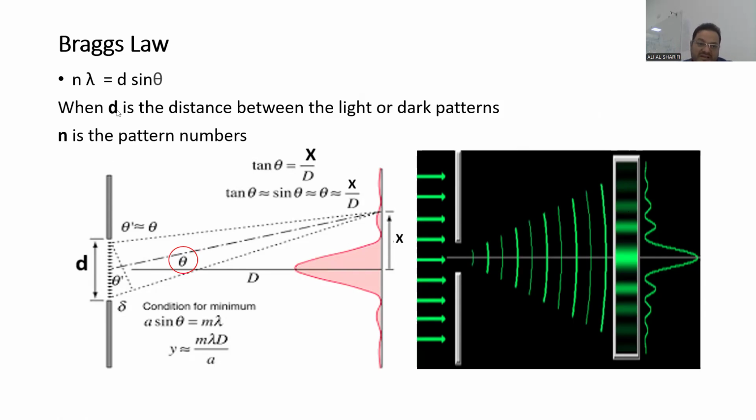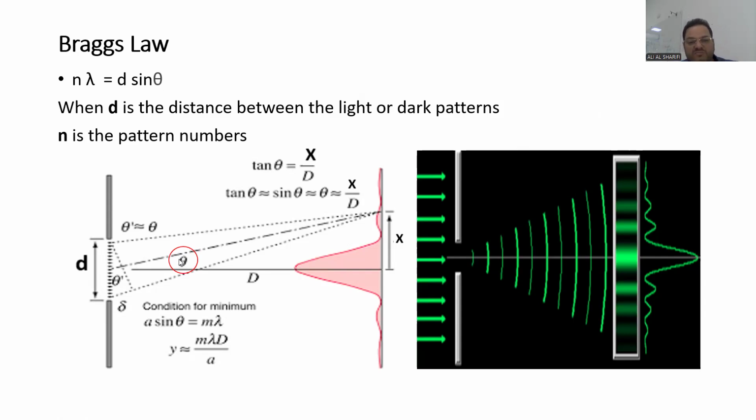Here, it's clear, lambda is the wavelength of the used laser, helium neon with 630 nanometers. D is the width of this single slit, or the diameter of the used wire. Sine theta is the angle.